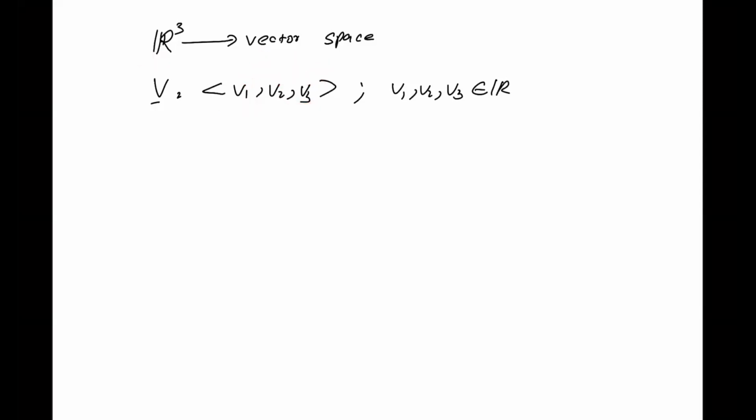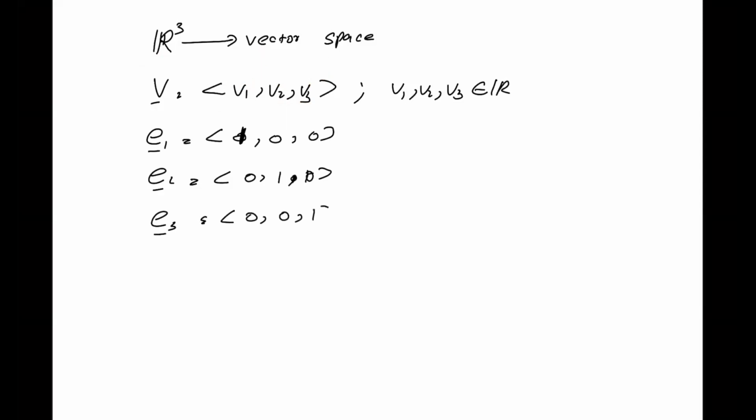So in this case, I can write three vectors as a basis. Let's say E1 is 1, 0, 0, E2 is 0, 1, 0, and E3 is 0, 0, 1.